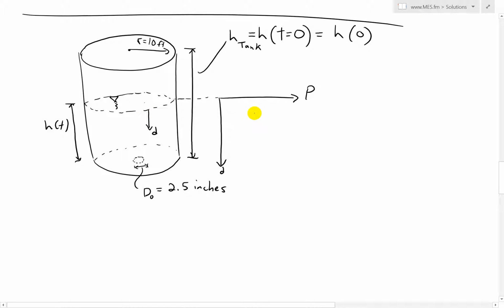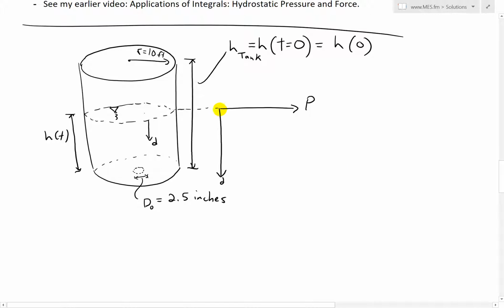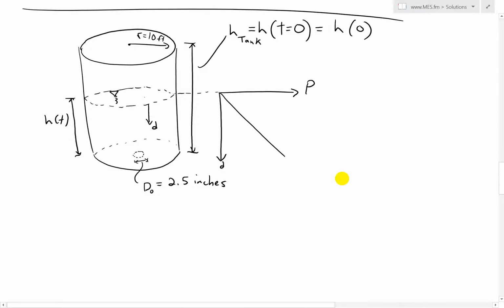The formula is just a linear 62.5 times d, so it's just going to be a straight line like that, where this right here is equal to 62.5 d. And just for completeness, this has units of pounds per foot squared.